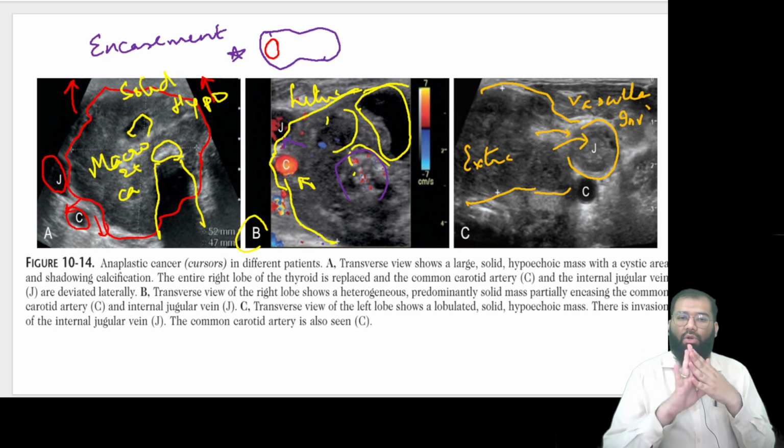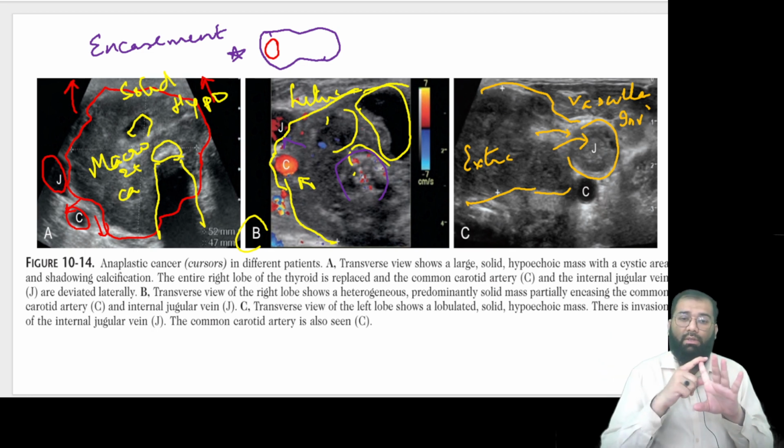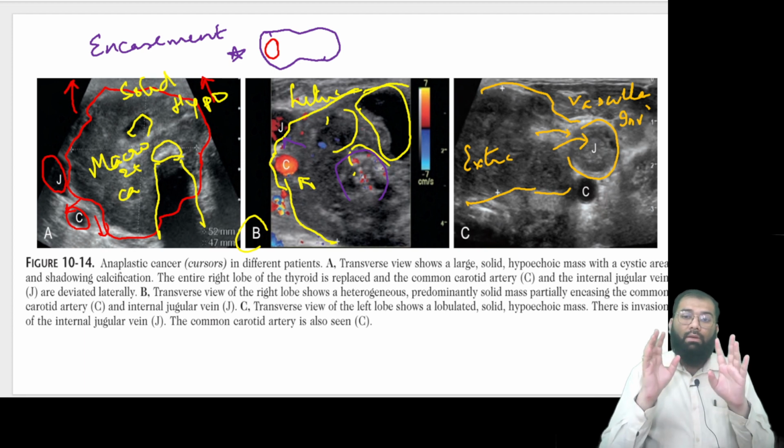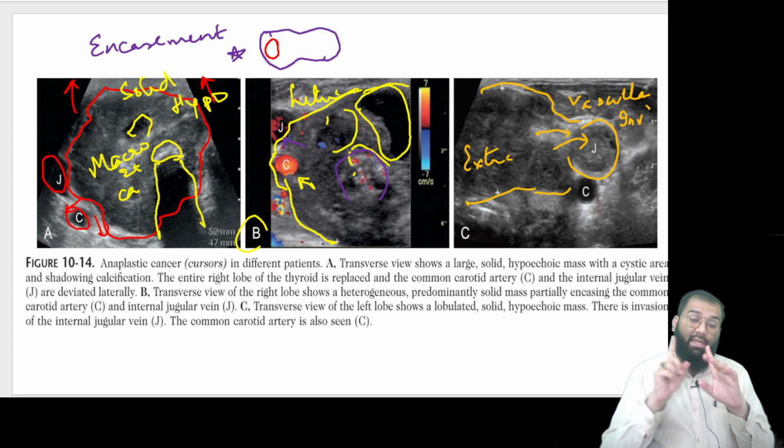So here we finish all four important forms of main thyroid neoplasm, which is follicular, papillary, anaplastic, medullary. If I want you all to remember, the most important features are follicular, they can be hyperechoic. Sometimes you might confuse it with a benign nodule. So follicular, it can be hyperechoic. Remember one statement about it.